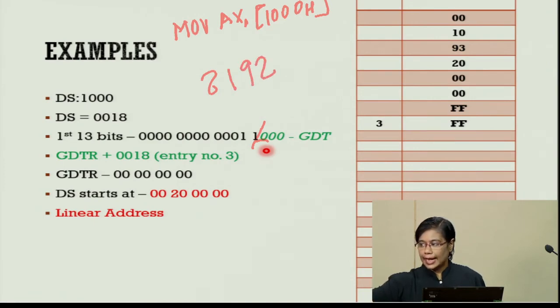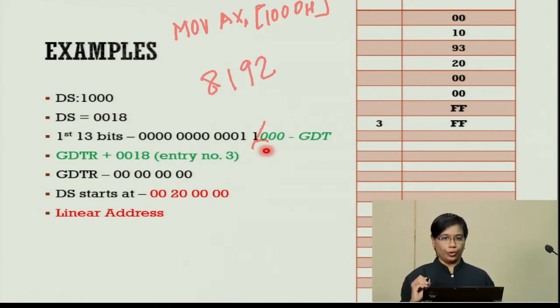Which of these 8192 entries it is going to be is what we will figure out from this 13-bit value. If you look at this 13-bit value, it is equivalent to 4 zeros, again 4 zeros, 001 followed by a 1. So this is equivalent to entry number 3.